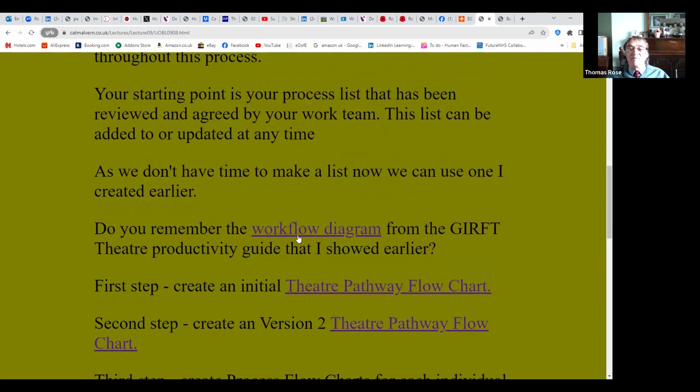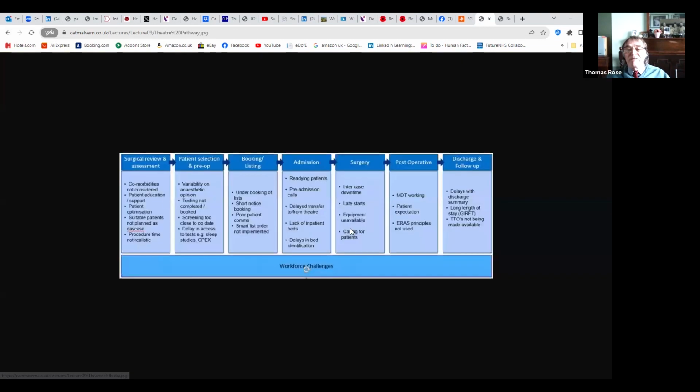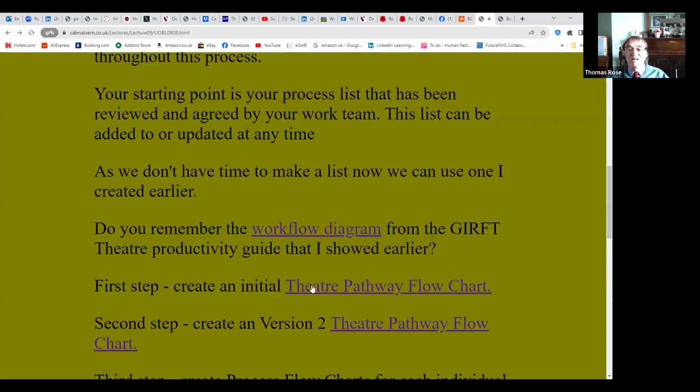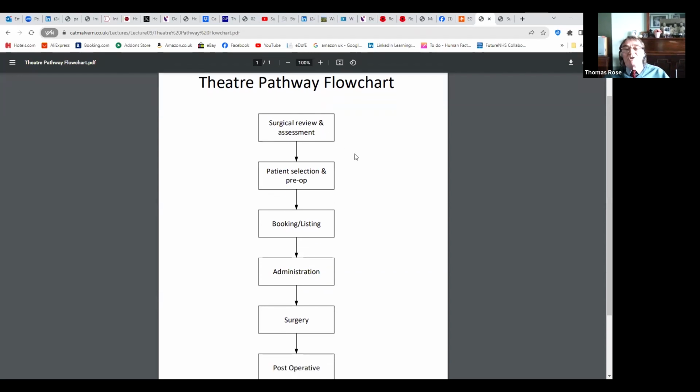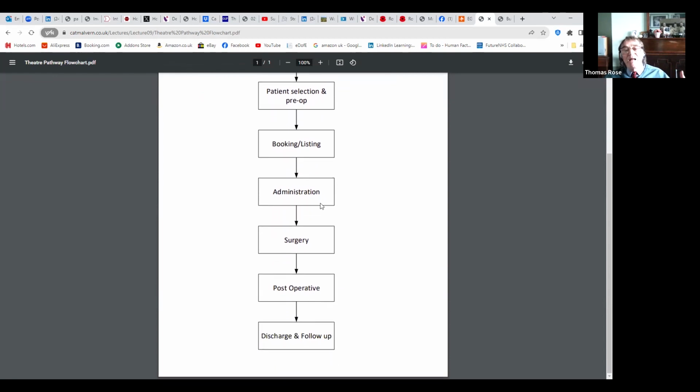And if you remember the workflow diagram that we looked at earlier, we'll quickly have a look at how you can turn that into a series of processes. The first step is to create your workflow diagram. So these are the separate processes within that workflow. At the moment, we just look at them as processes.